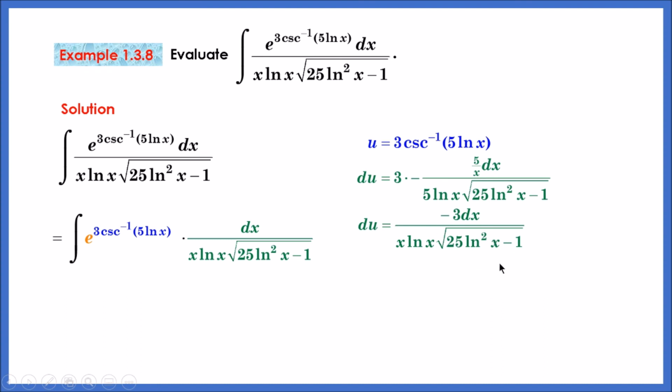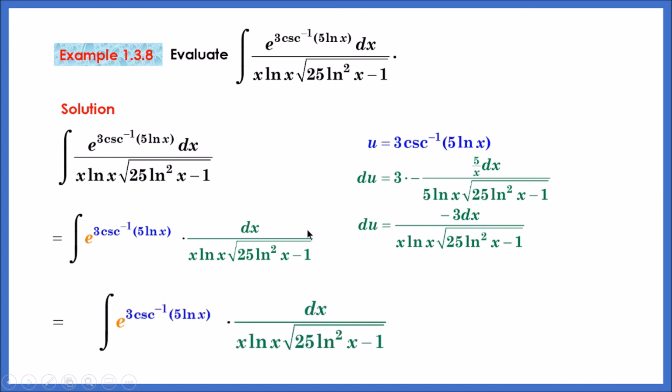But this differential is not exactly the du. There is a constant factor missing, which is negative 3. So let's apply that negative 3 for this to be du, balanced outside by negative 1/3. So this integral now takes the form of the integral of e^u du. Hence, we have negative 1/3 e^u plus c, but u is 3 arccsc(5 ln x).